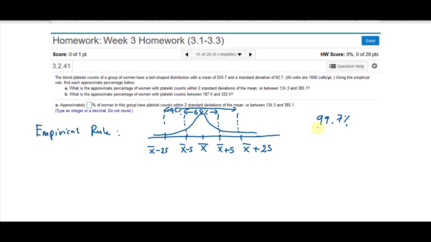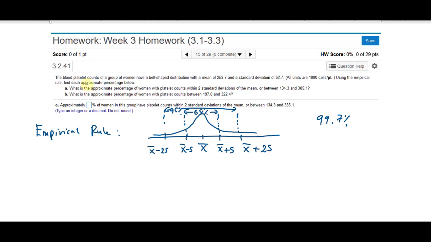So within 3 standard deviations from the mean, below or above the mean, there would be 99.7%, all the data that you can find inside 3 standard deviations above or below the mean.